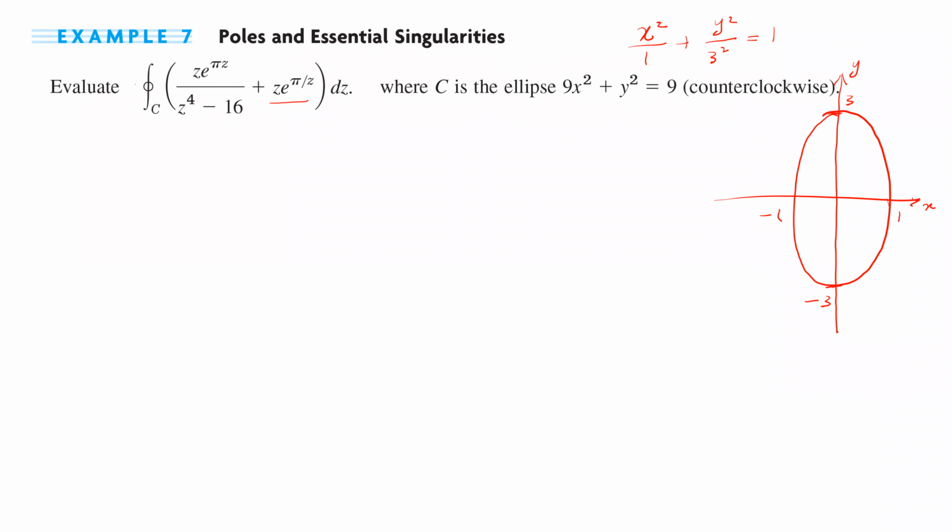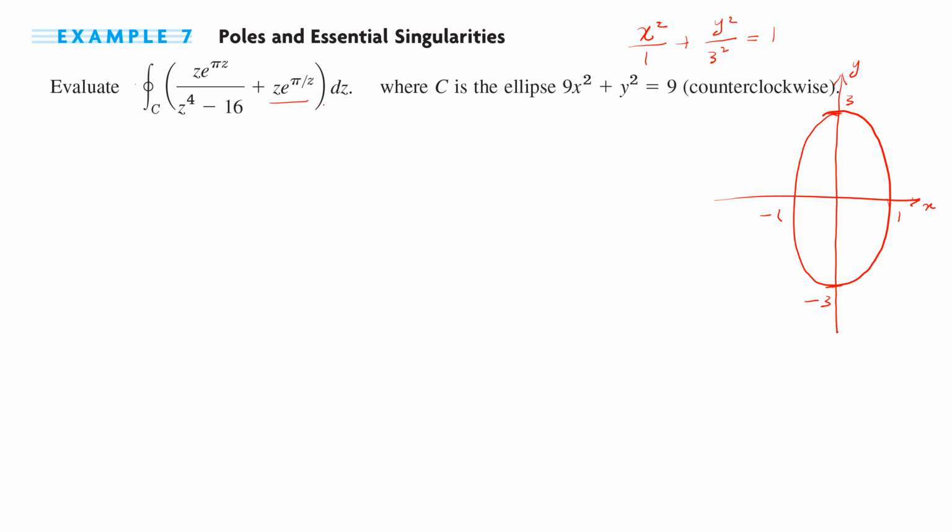And now we want to see how many... this can be split into 2 integrals. The first integral has some poles. For the second integral, to find the residue, we don't have a formula, because those formulas are all for non-essential singularities, meaning a pole of some order m. But e to the pi over z doesn't have a pole of order m.